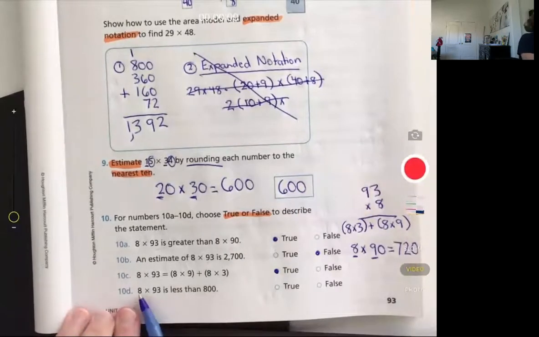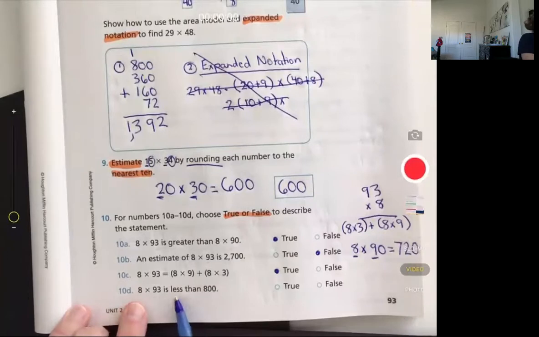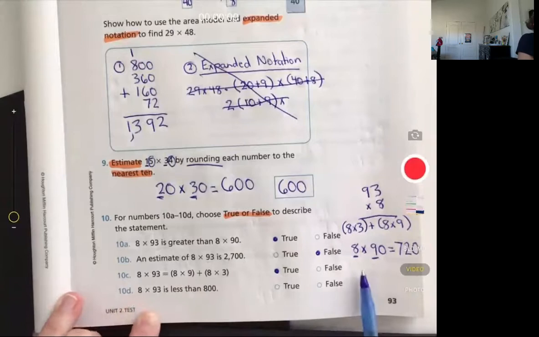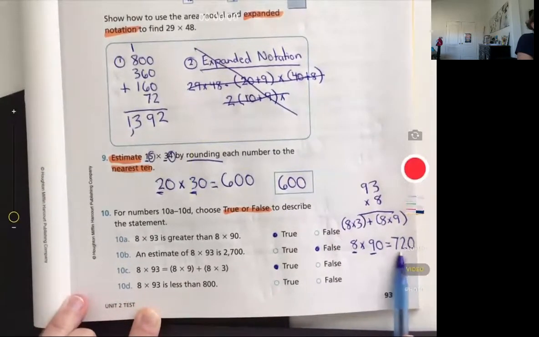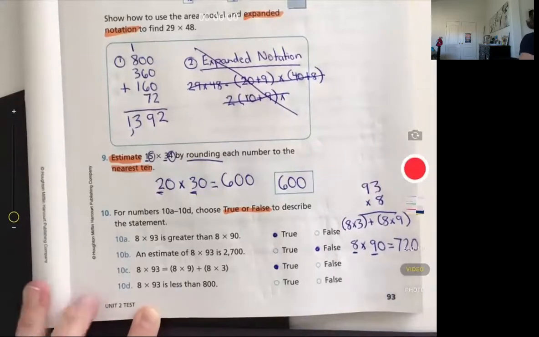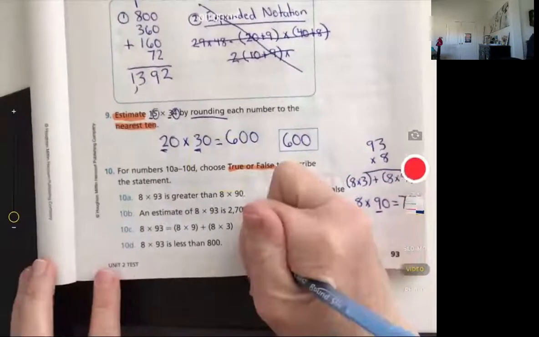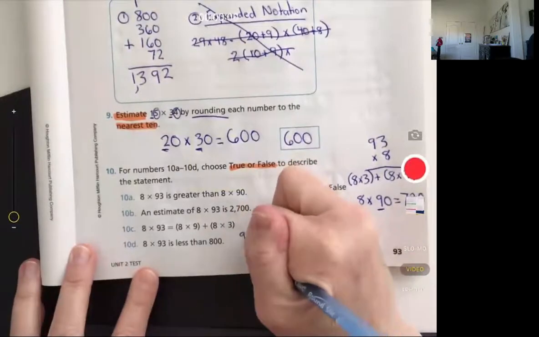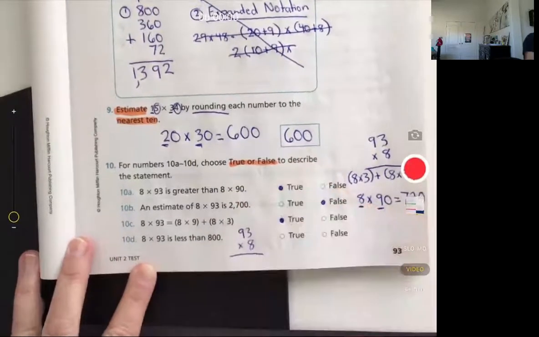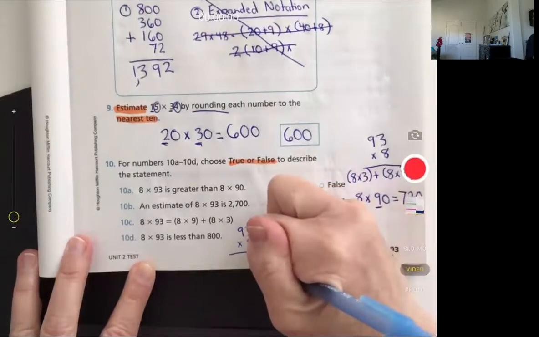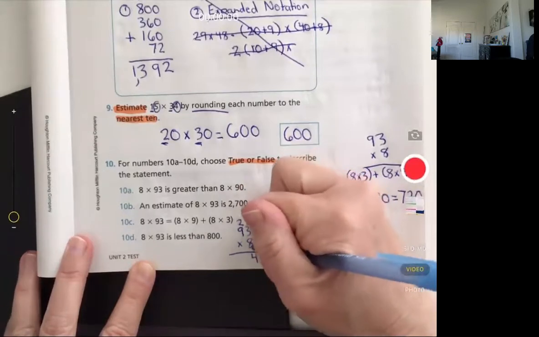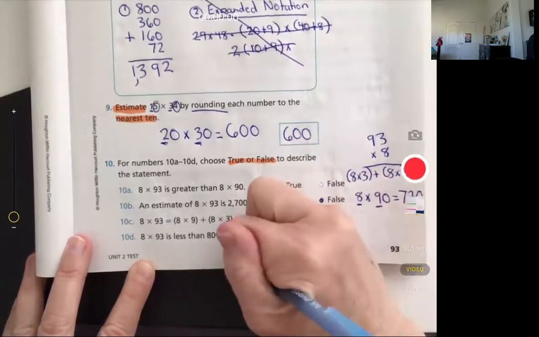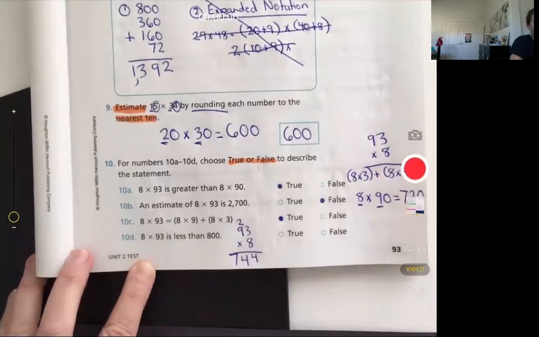All right, 8 times 93 is less than 800. Okay, well, we're lucky because we did this. We estimated it right here. We got 720. Well, we can solve this. Let's give it a try. 93 times 8. 8 times 3, 24. 8 times 9, 72, 73, 74. 744.